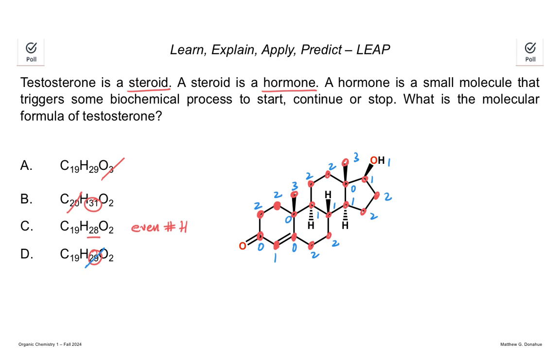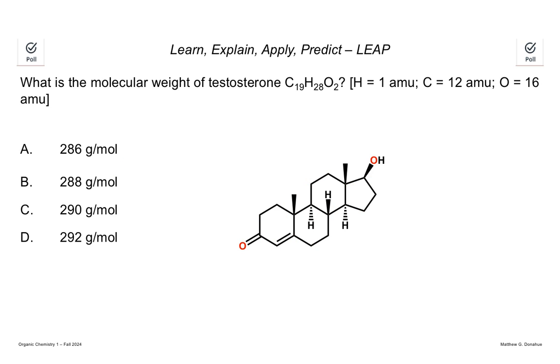Again, I'll talk more about looking at a molecular formula and the hydrogen count as a trick where you can spot the right answer without going through that exercise. So we have C19H28O2, and we want to calculate the molecular weight.